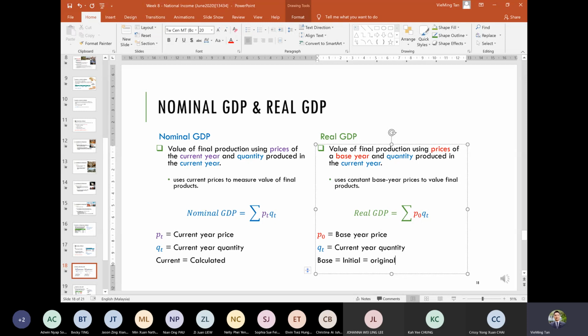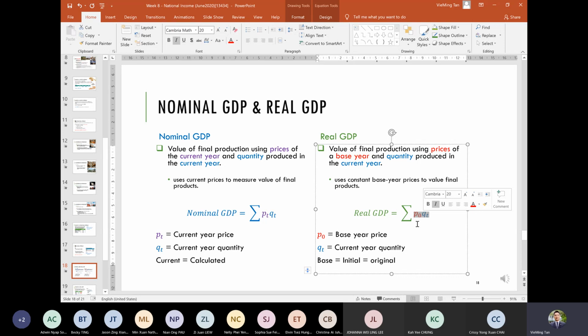Usually it will be a year in the past. Usually in the past the price of the product will be lower compared to the current year. So if the base year price of the product is applied, then this type of calculation is called real GDP.